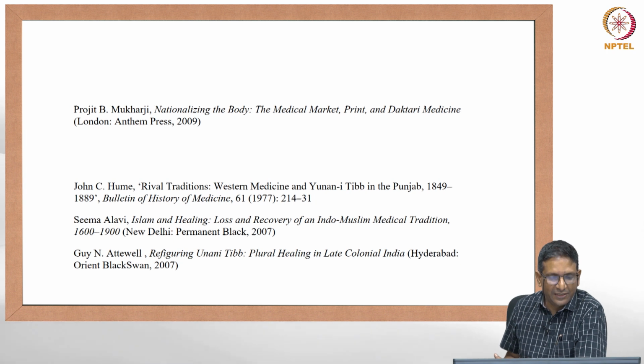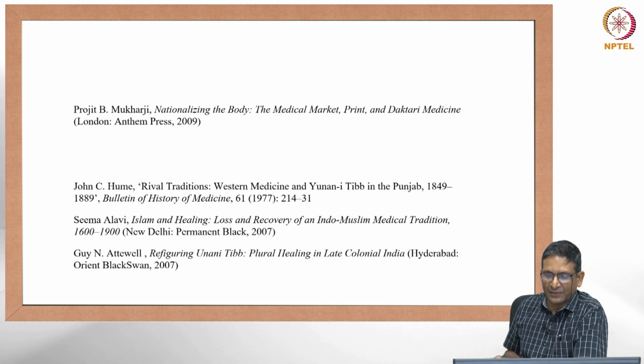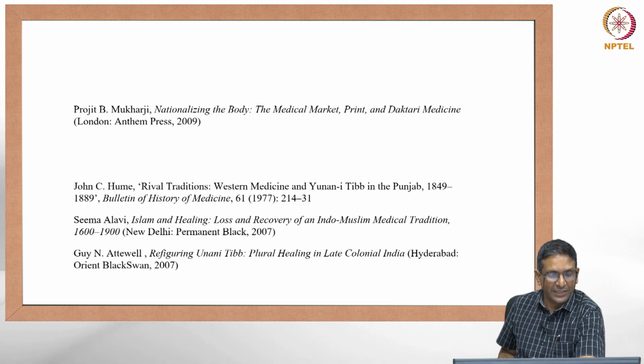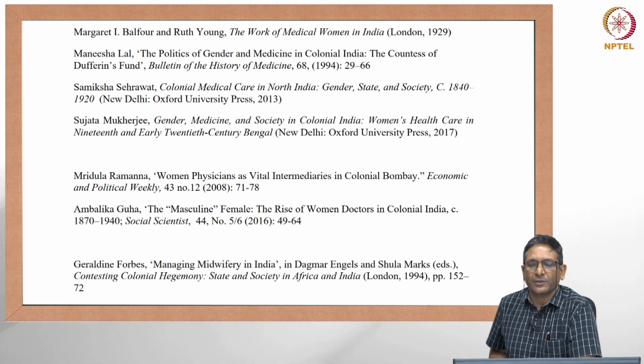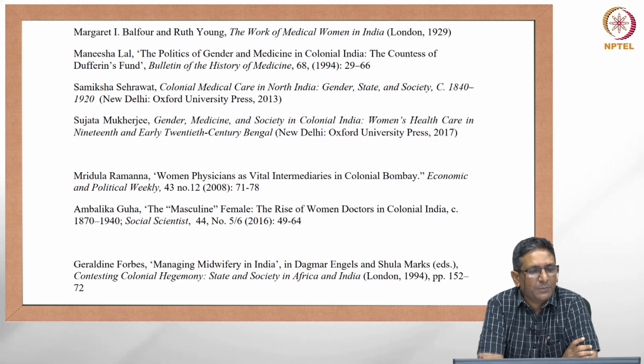The next three are about Unani, dealt with in different ways. The next set of works is about women. So one of the earliest is by Margaret Balfour and Ruth Young. It's called Work of Medical Women in India, as early as 1929.